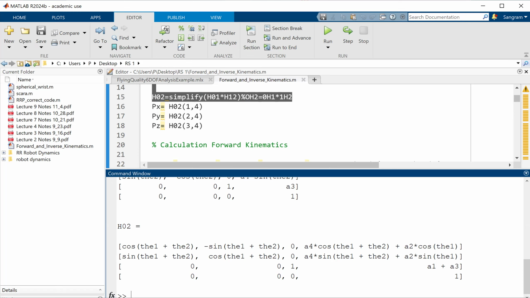And I want you to relate this with the 2 degree of freedom planar robot that I just derived, and I will share that with you.